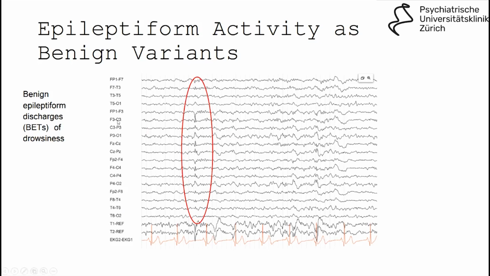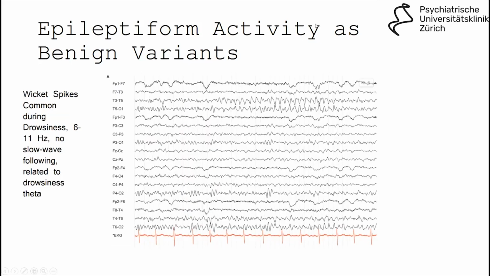You see here F3, C3, but also spreading toward the right occipital cortex. What is clear is that there is a shift of the direction. There is surface negativity here in FP1 to F3, and positivity over P3 O1. So this is a spike, but it occurs quite often when you're very drowsy.